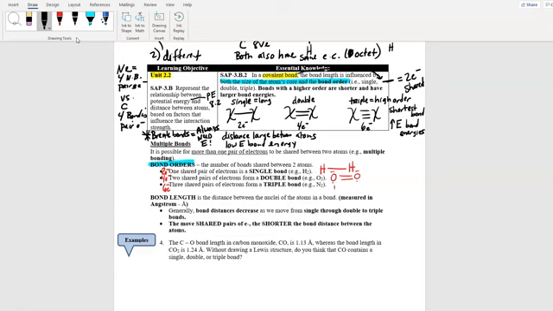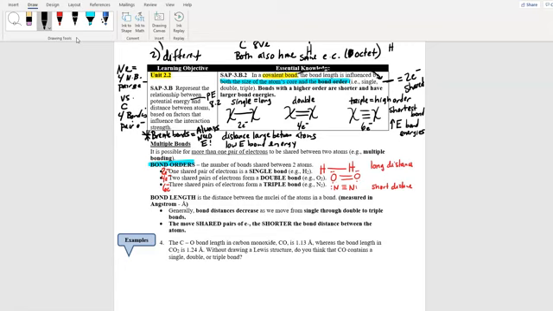So diatomic nitrogen has a very short bond, but if I'm going to break through all those electrons, I need a lot of energy. So single bonds have a very long distance between the atoms, and triple bonds have a very short distance. It's all about how big or small the distance is between them.